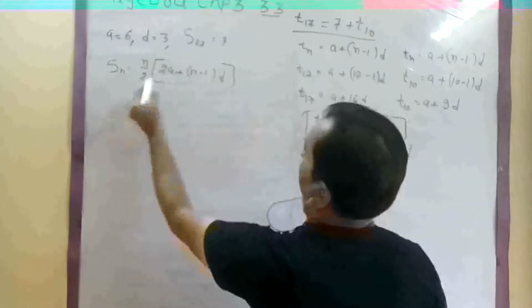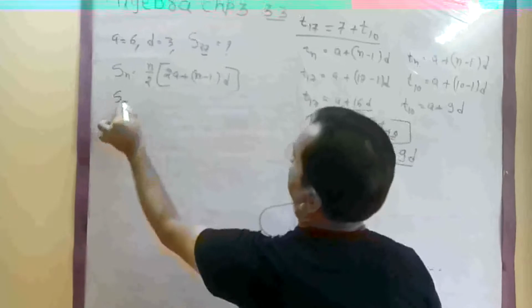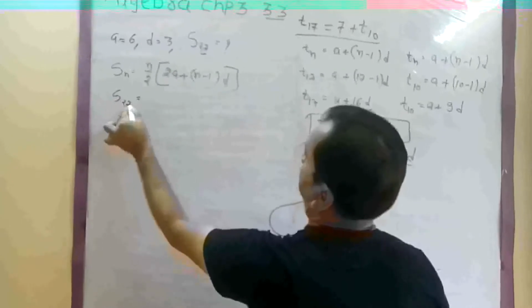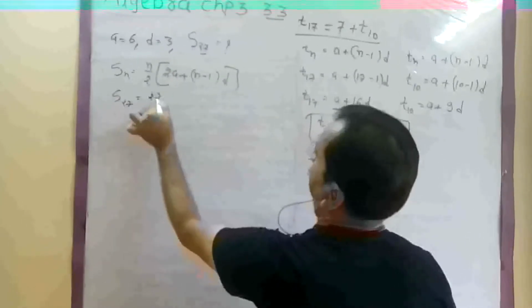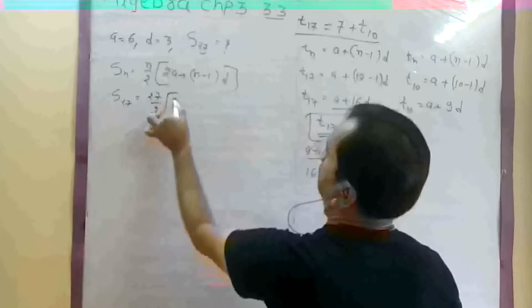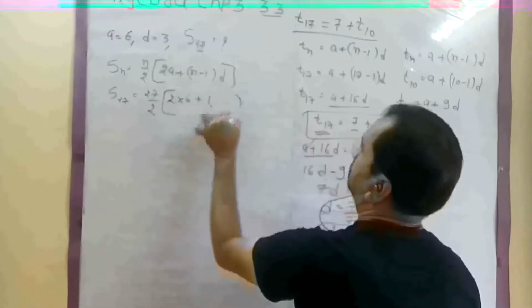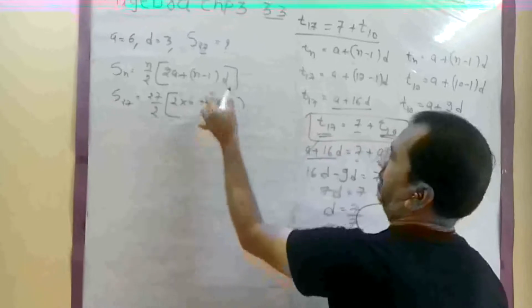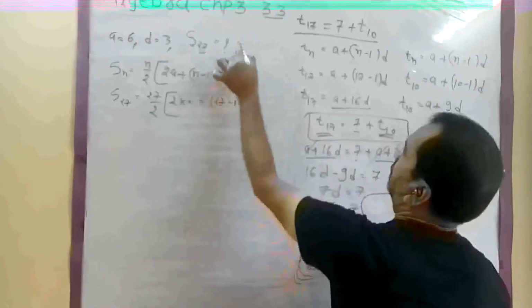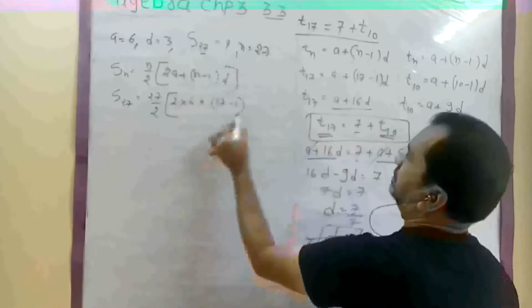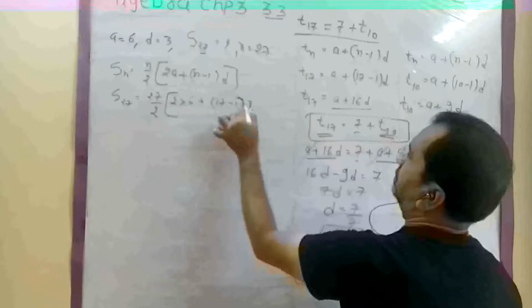Now Sn, n is equal to 27, so S27. A means 6, N means 27, and the difference is also given.